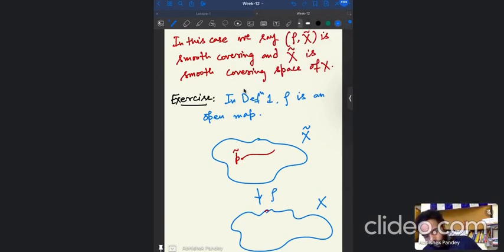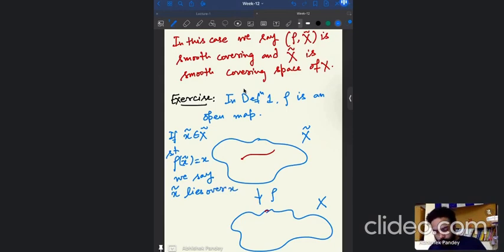So if x tilde belongs to X tilde such that rho of x tilde is equal to x, we say basically x tilde lies over x.